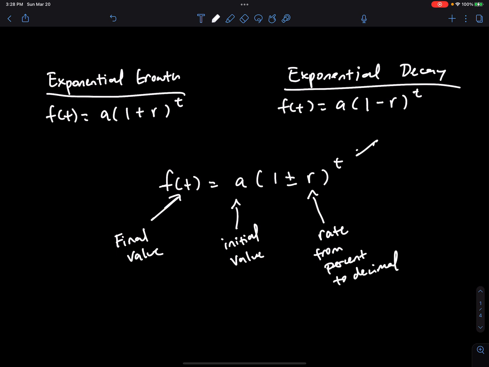And then t stands for our time. So we're going to use these formulas for specific word problems and figure out the final value of whatever it's asking for.